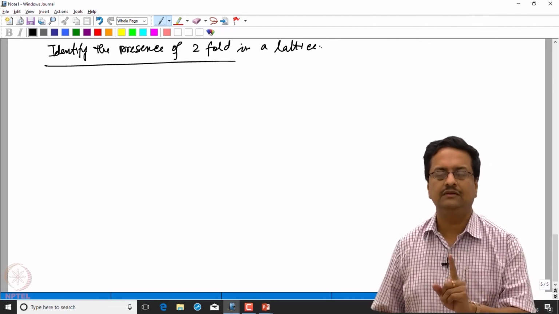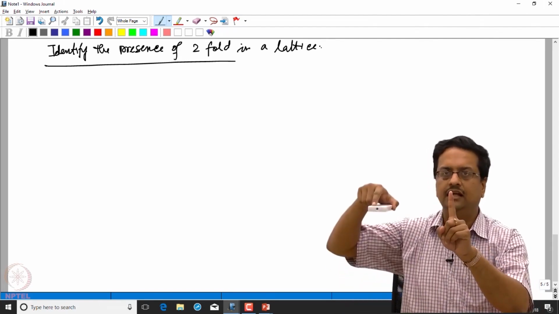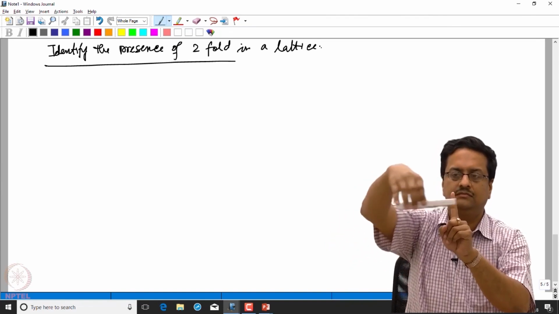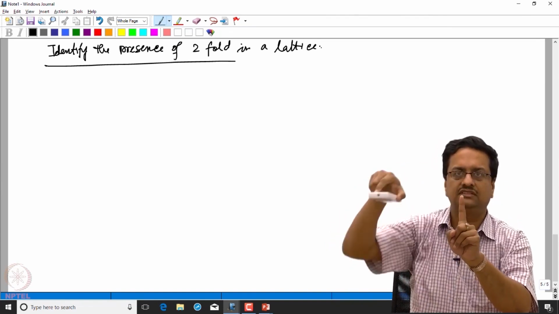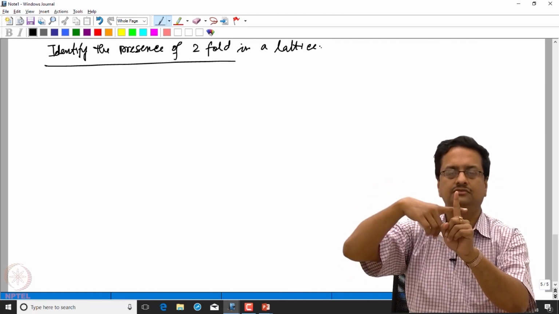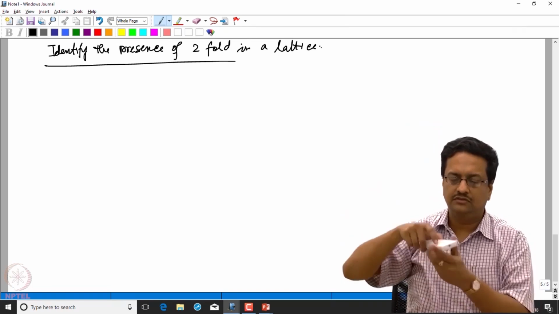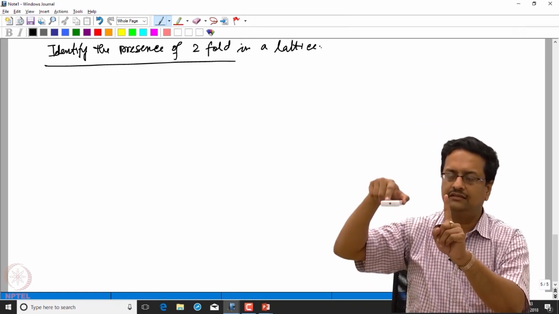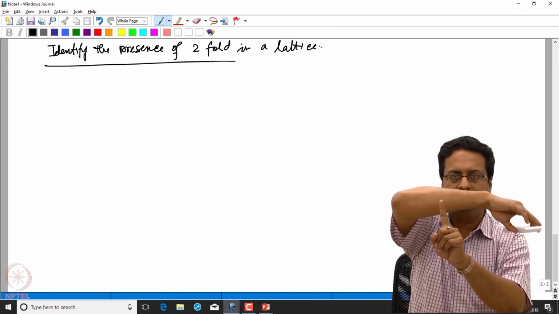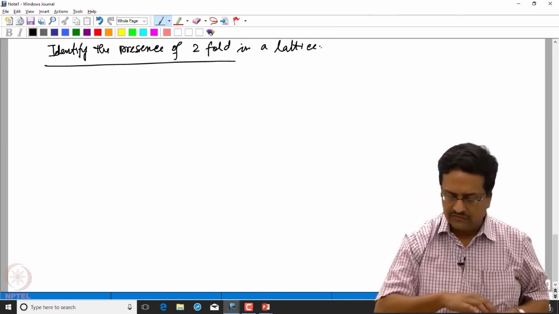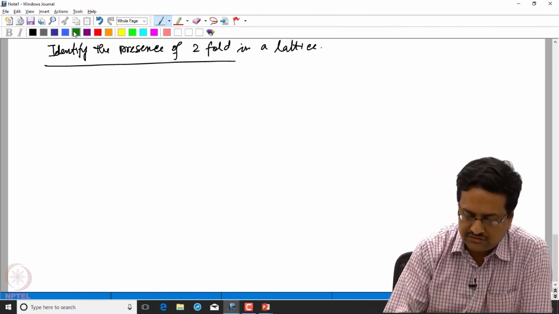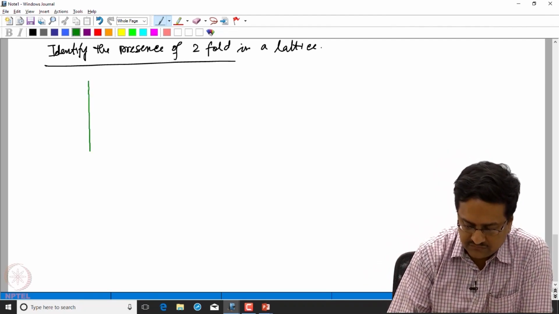For example, if I have a twofold like this and I am rotating this object about it, so it is a twofold rotation, and then I am projecting it on a plane perpendicular to this twofold from the top. So how would it look? I am trying to draw this two-dimensional projection.